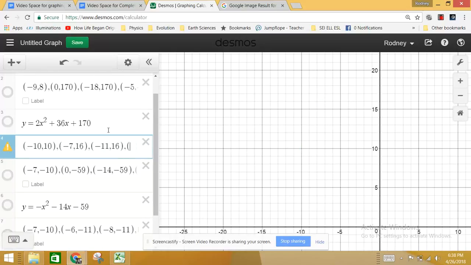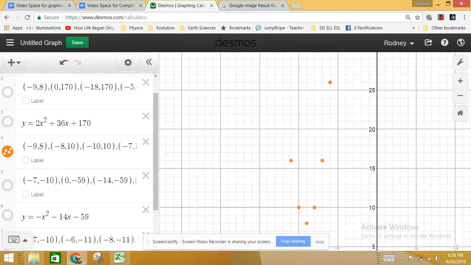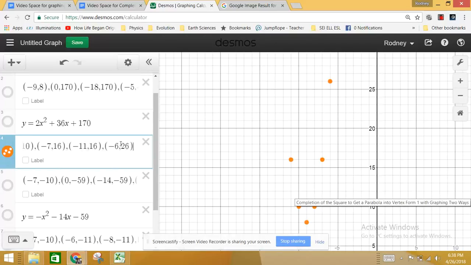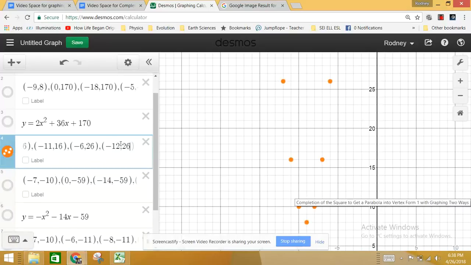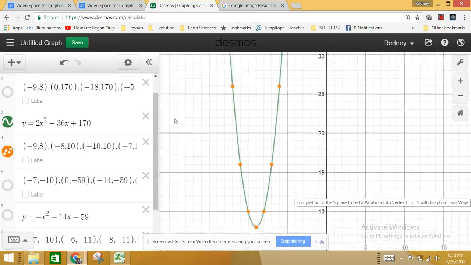So now we're going to go to -6 up to 26. Can't see it here, but now you can. And then we'll also go to, scroll all the way over here, (-12, 26). And let's see if that matches our parabola. It totally does. It goes right through it just fine.